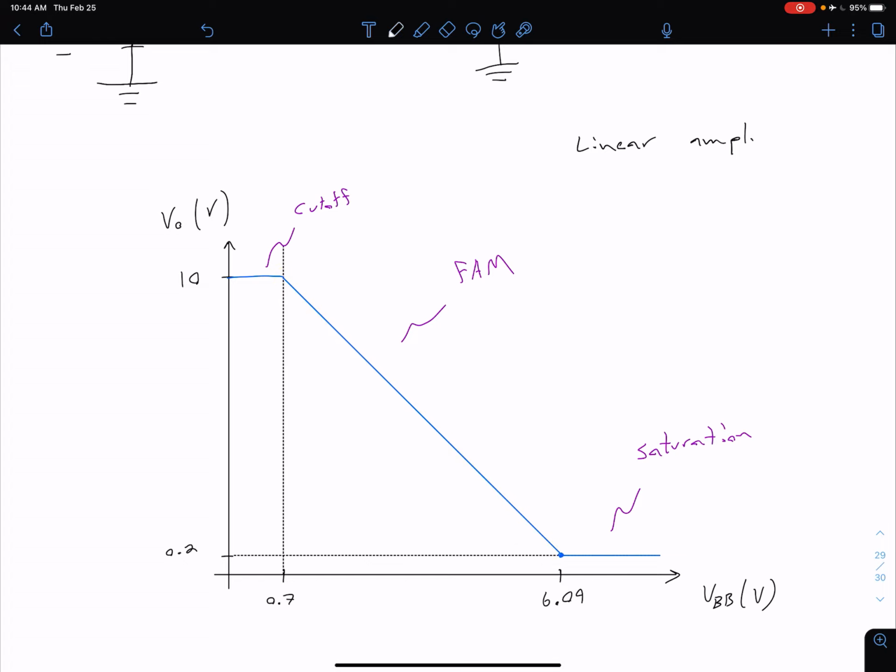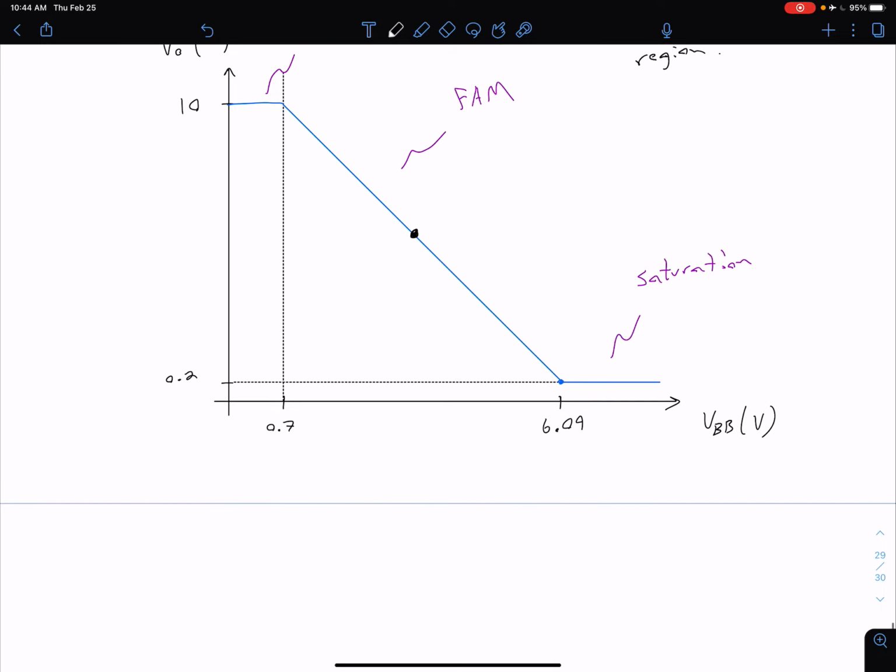We want to be in the middle of the active region. And again, we're going to see why that is in a little bit. Basically what that amounts to is we look at this linear approximation here and say, let's be right here, dead center. Maybe I've not drawn that exactly right, but you get the idea. We want to be in the middle.